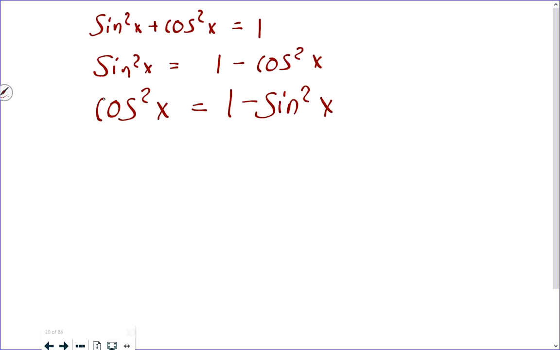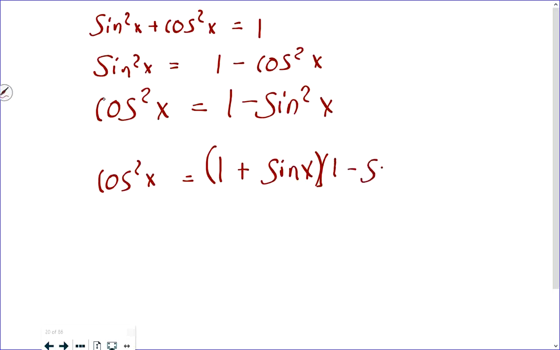I keep loading on things that you need to know. But you also now need to know the following, that cos squared of x is equal to 1 plus sine x multiplied by 1 minus sine x. Can somebody offer up an explanation as to why that must be the case?